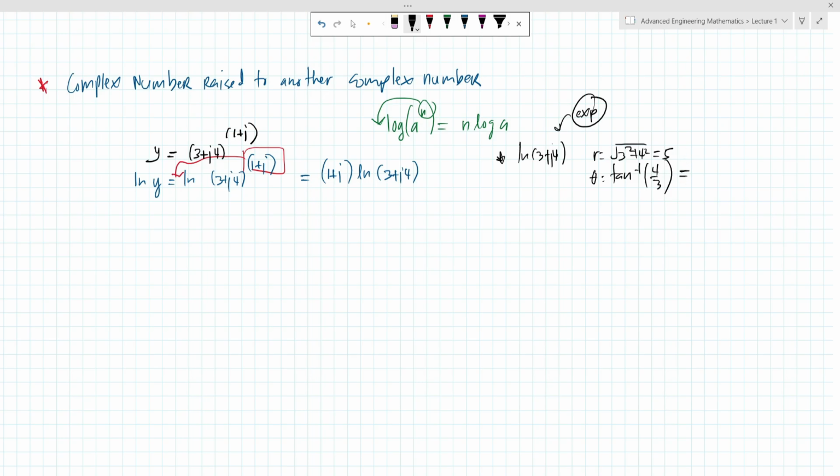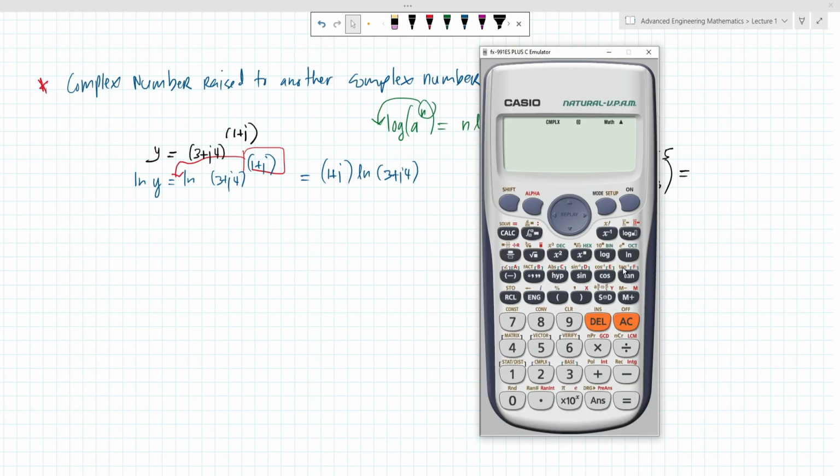I will show you now how to directly get the angle in radian. By the way, make sure that when you are solving a complex number raised to another complex number, you are using the suited angle mode.